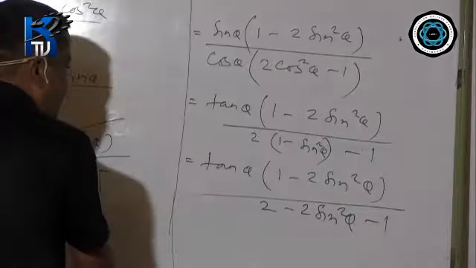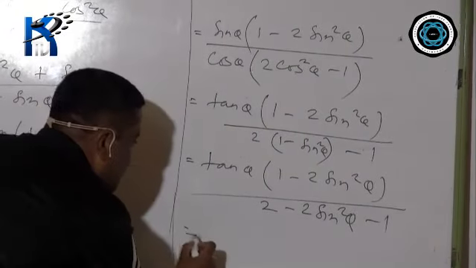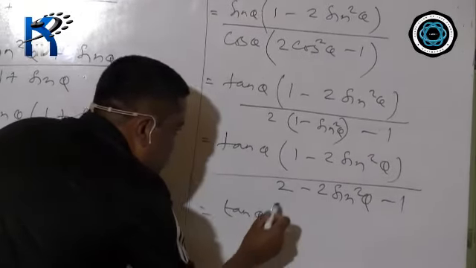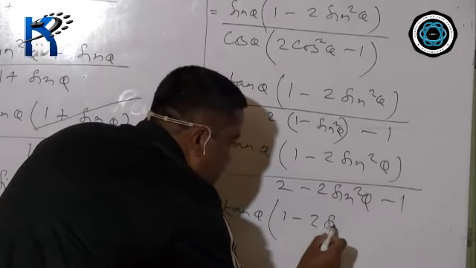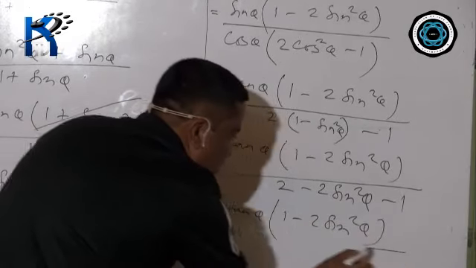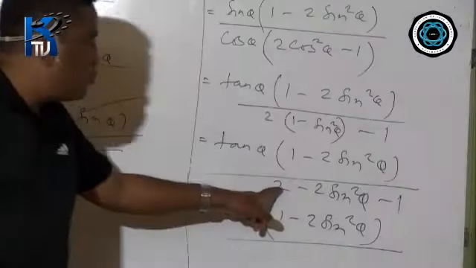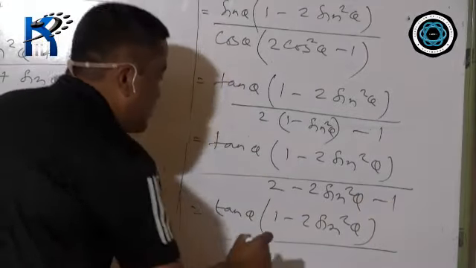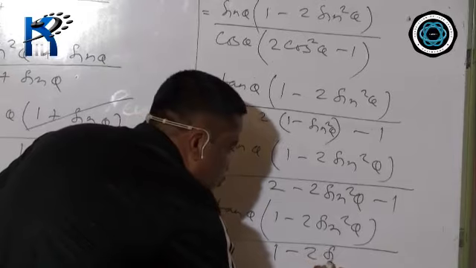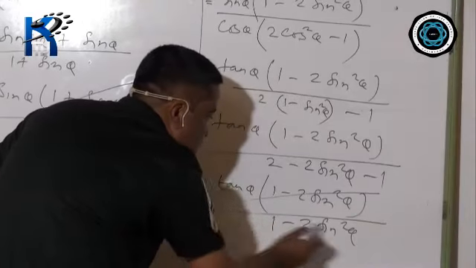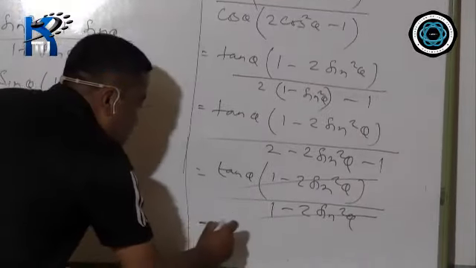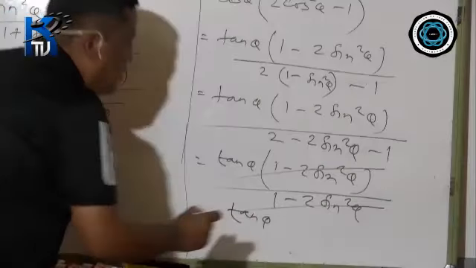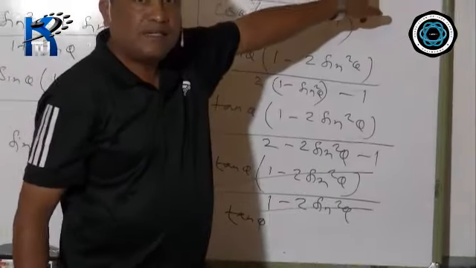After that, tan theta, numerator you copy as it is, 1 minus 2 sin square theta divided by, now 2 minus 1 is 1, minus 2 sin square theta. Now these two will get cancelled. So what is left? Tan theta, which is right hand side.